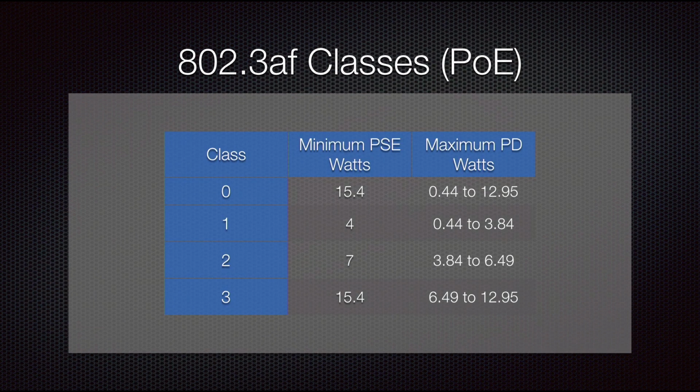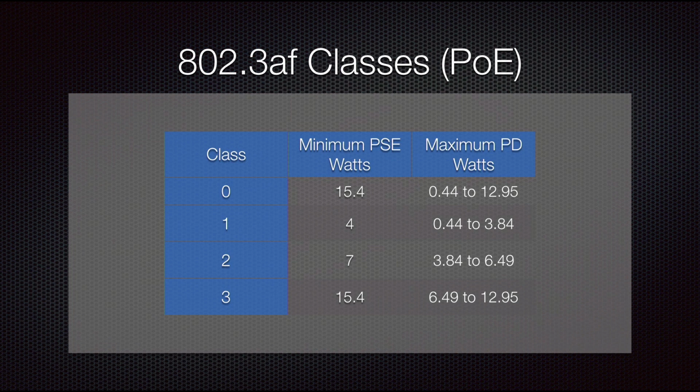So first of all, what is 802.3af? This is the first PoE standard that came out. It's been out for a long time already. It was designed at 48 volts, so cameras, anything that you send out, is all 48 volts DC. But the way this works is that when you plug in a device, let's say a camera into a PoE switch, if you have an 802.3af switch, the device and the PoE switch basically talk.